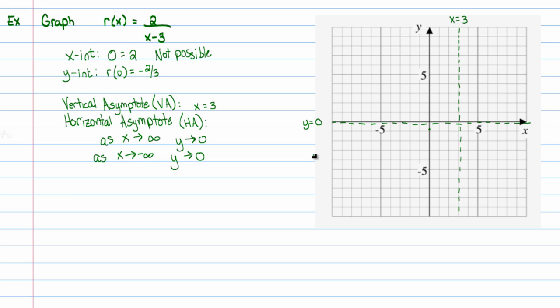If there's no x-intercept, I'm never going to touch the x-axis, which is where that horizontal asymptote is. Well, I know I'm going through this point right here at y equals a negative 2/3, x equals 0. So I know that I'm going to be in this quadrant of solution, I'm going to be below the x-axis.